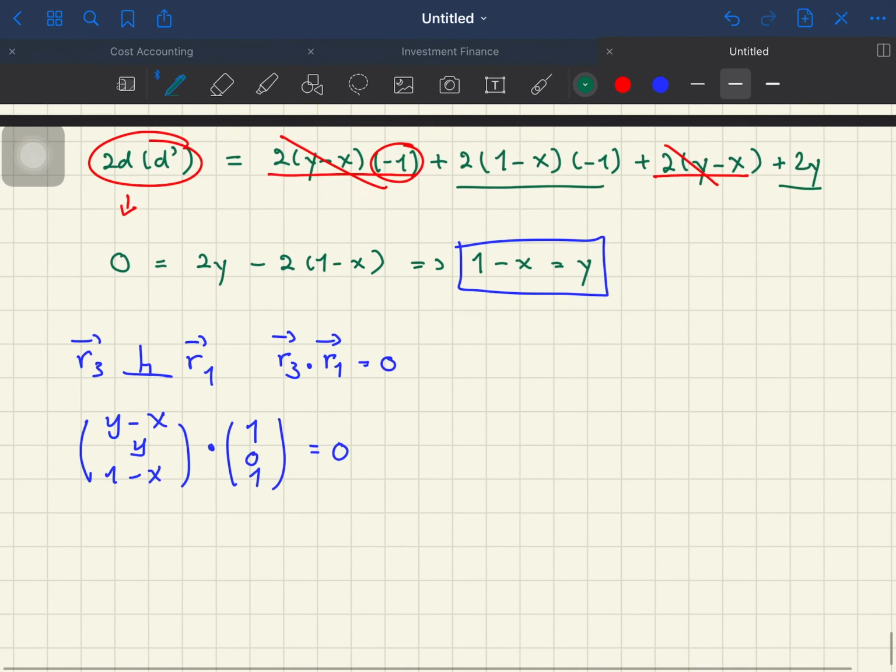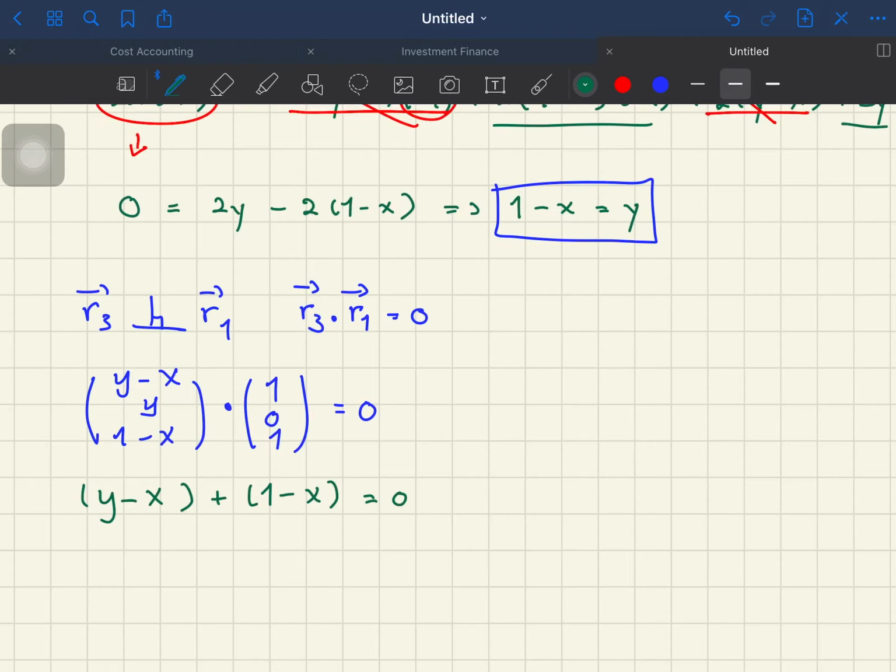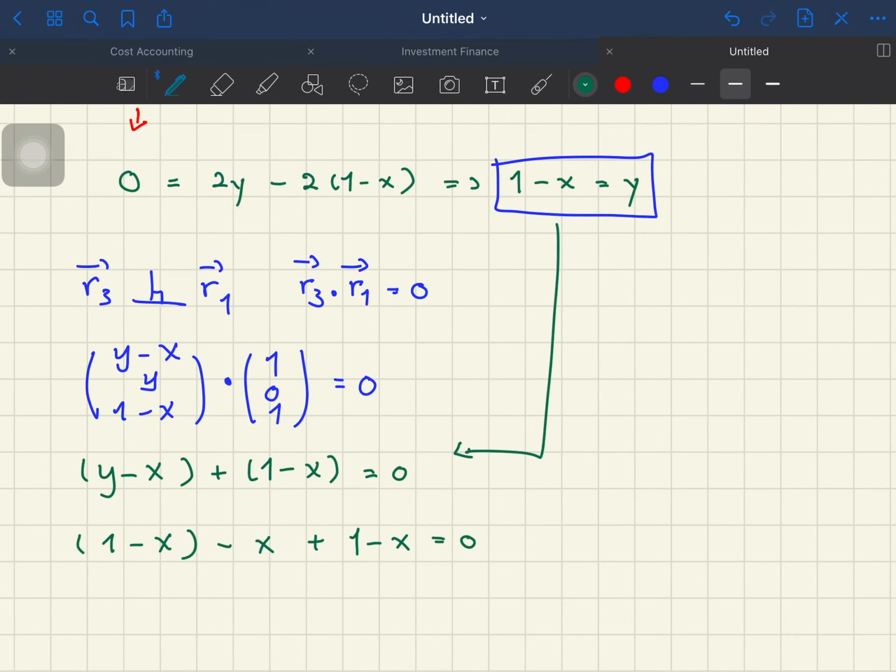Now, just like usual, we will have these things here. Now we try to express y in terms of x. We substitute this into this equation, and eventually you will get 1 minus x, minus x, plus 1 minus x equals 0.